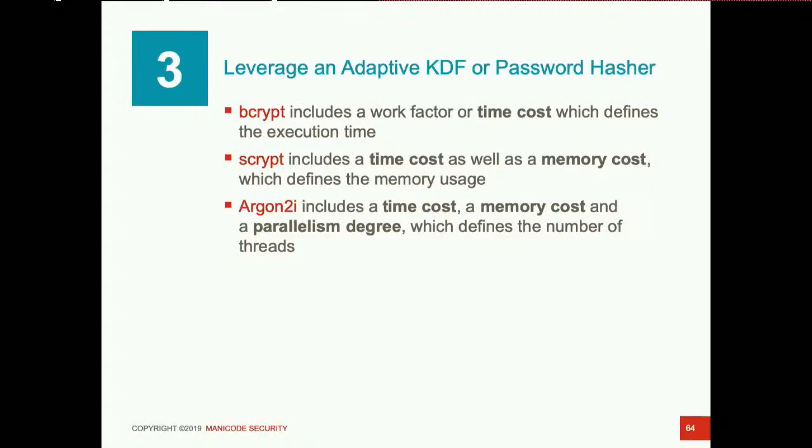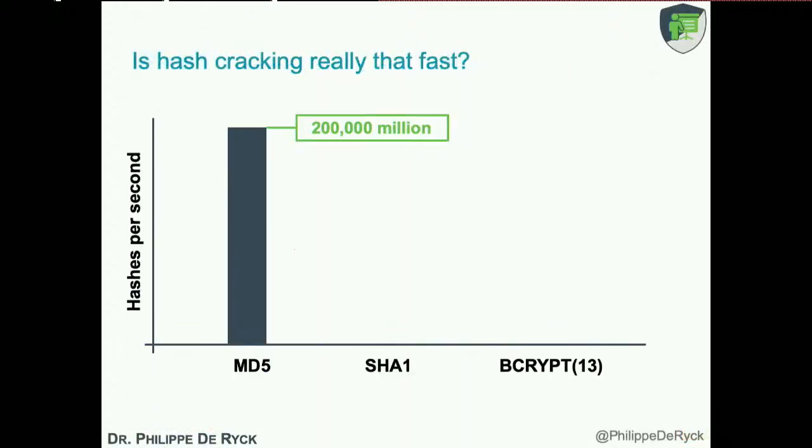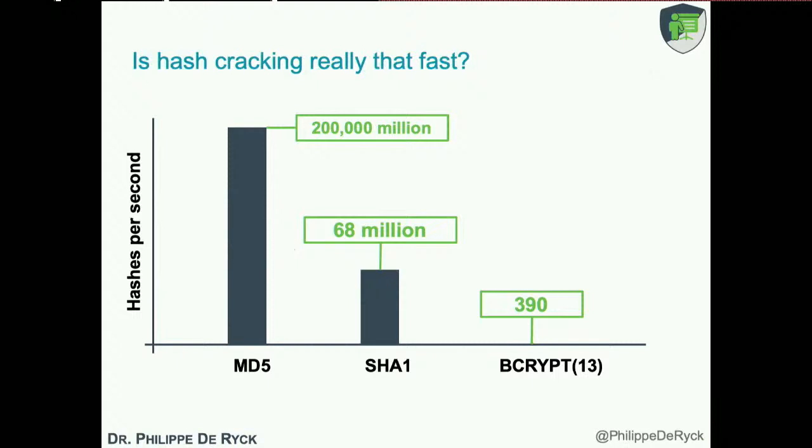I'm more chill today. So I'm going to give you one important piece, which is use bcrypt, scrypt, or argon2i. Use the right algorithm. They all have at least a time cost, and I recommend bcrypt with a work factor of 13 or more. What that means is when someone has stolen your database and is doing hash cracking, if you have MD5 as your storage mechanism, it's about 200 million attempts per second on my laptop.